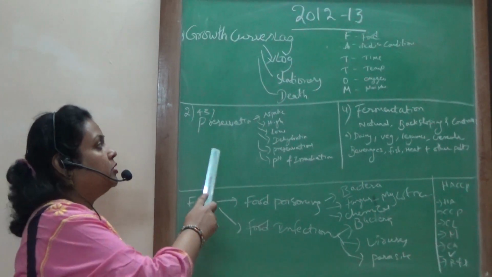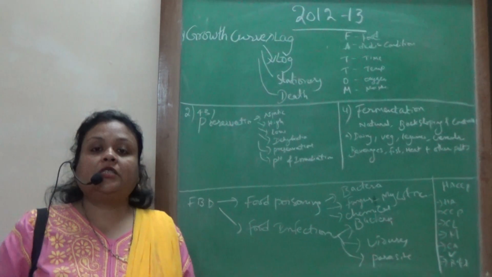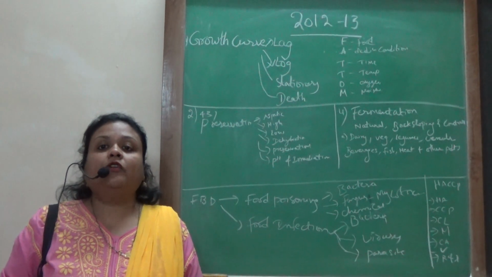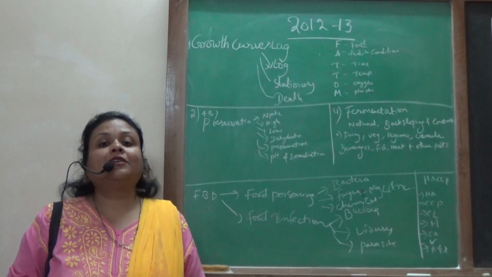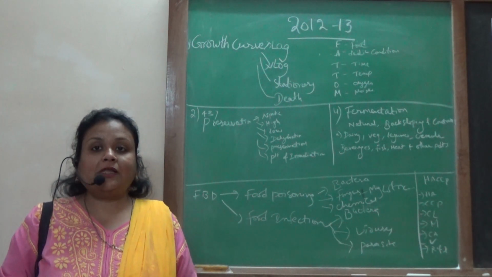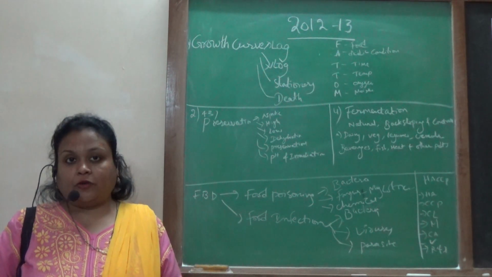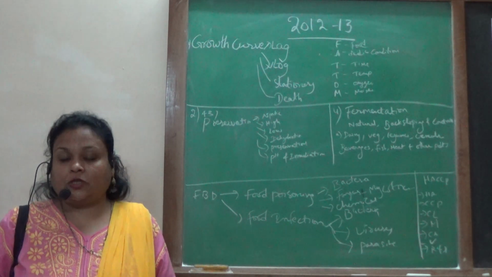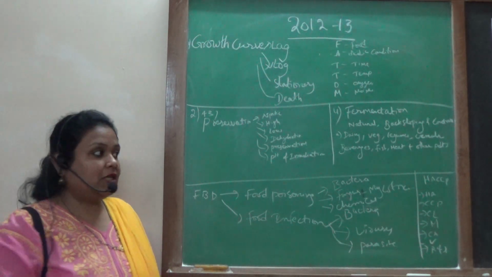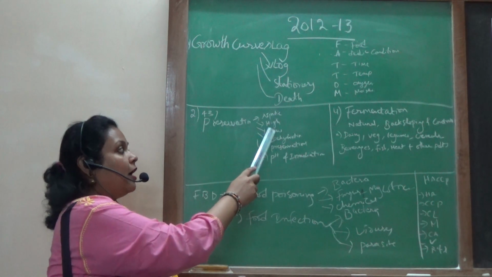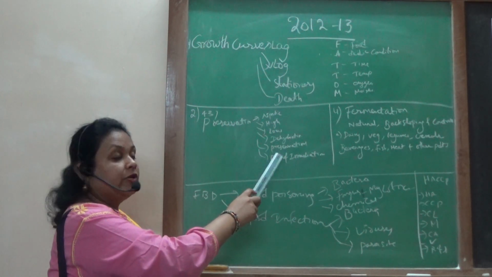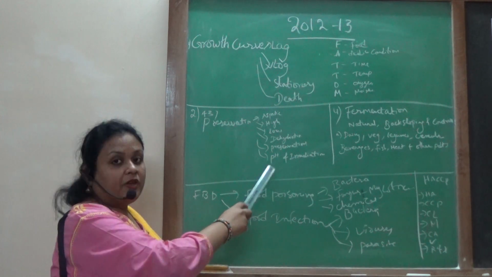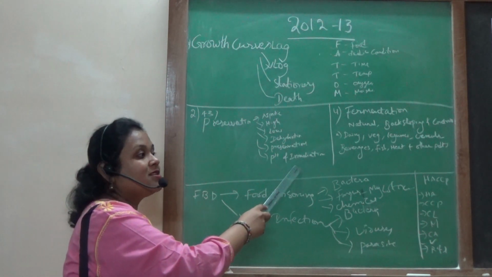Now talking about preservation. Preservation helps in preserving the food for 1 year, because preservation depends on the type of food, whether it is perishable, semi-perishable or non-perishable food. When you talk about different methods of preservation, there are a few methods such as the aseptic method, high temperature, low temperature, dehydration, modification of pH, as well as irradiation.